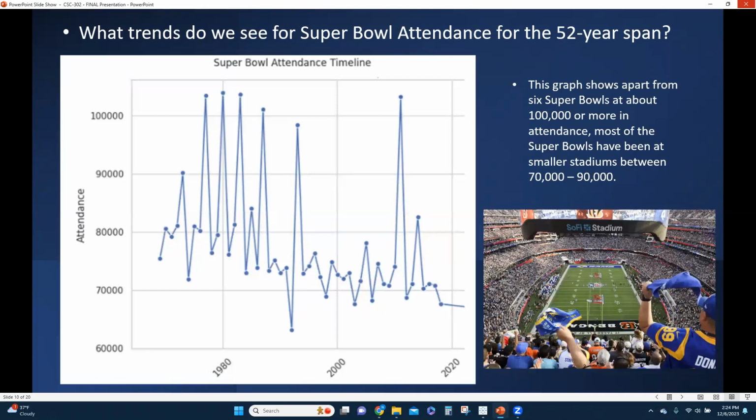And then, as you can see in the later years, it looks like it's trending down as well, to where some of the Super Bowls are held in newer stadiums, which are built particularly around how many people you want in your stadium. So it's an interesting graph, and it's pretty close to say that the average is more like 75,000.